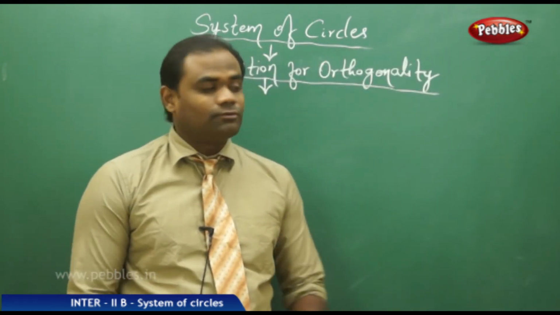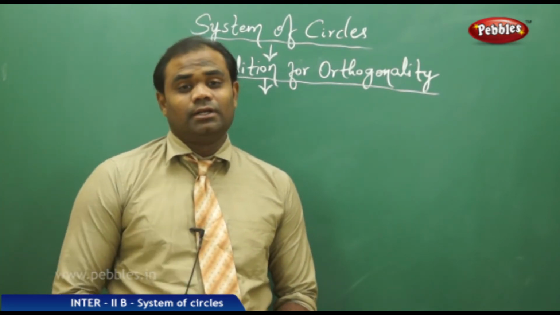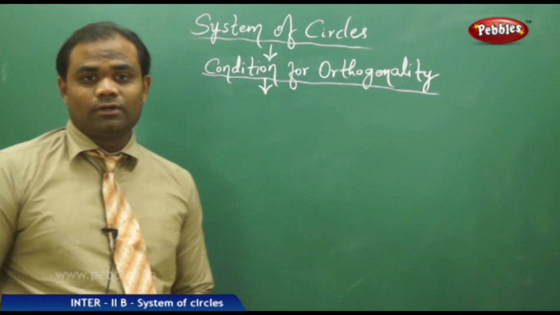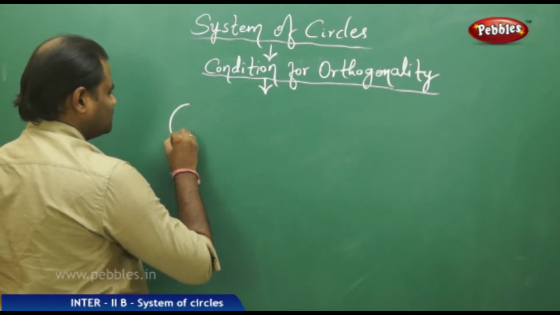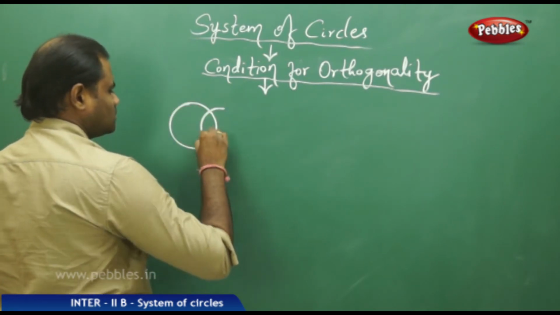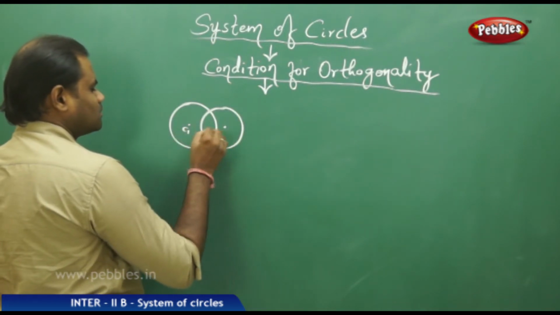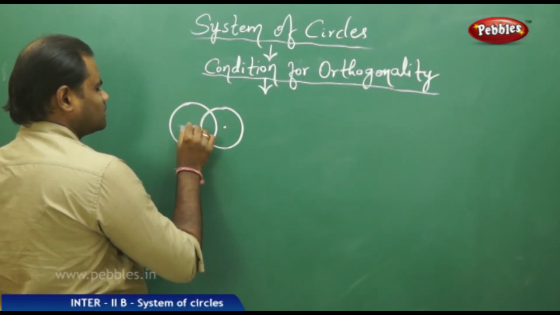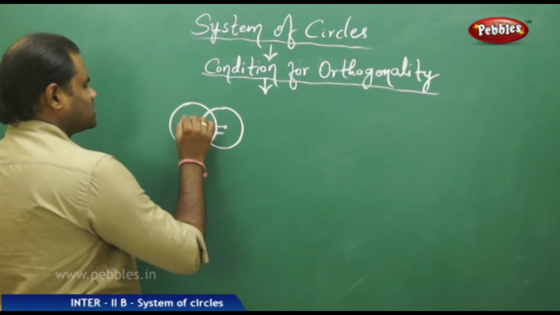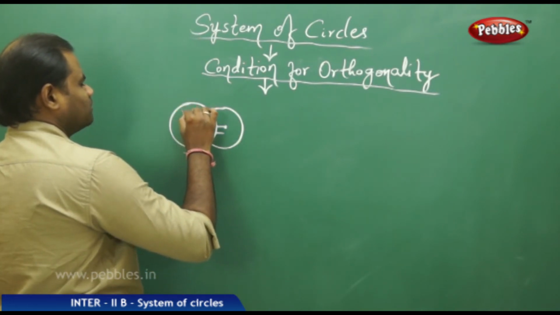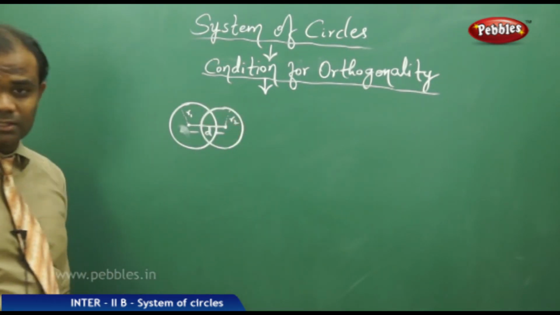Now let's see the condition for orthogonality. When do we say the two circles are orthogonal in the mathematical sense? Suppose I have two circles, the distance between their centers is d, the radius of the first circle is r1 and the radius of the second circle is r2.